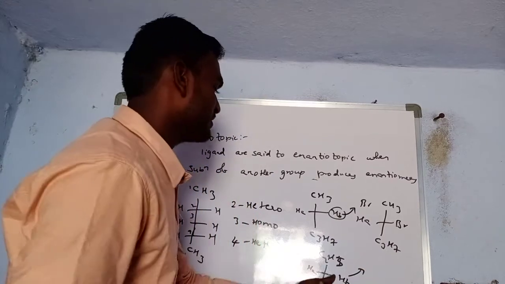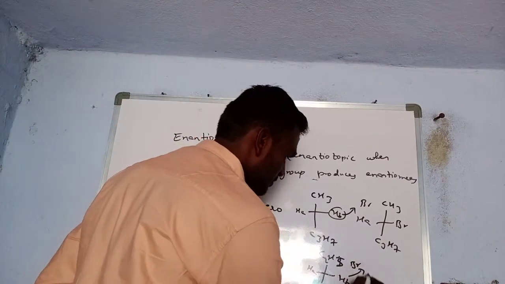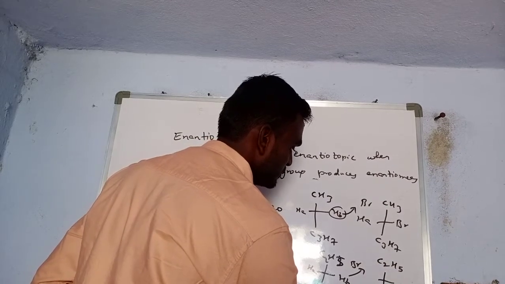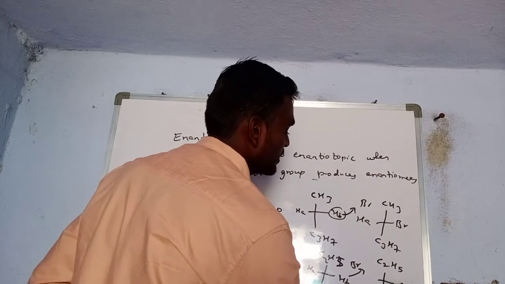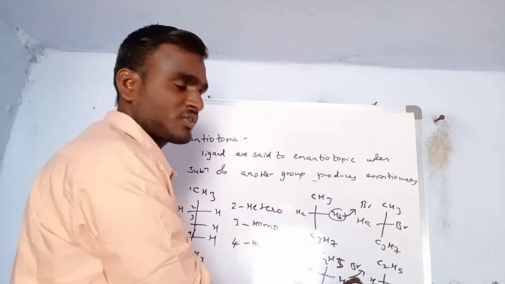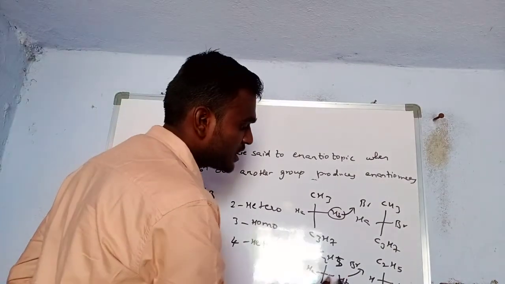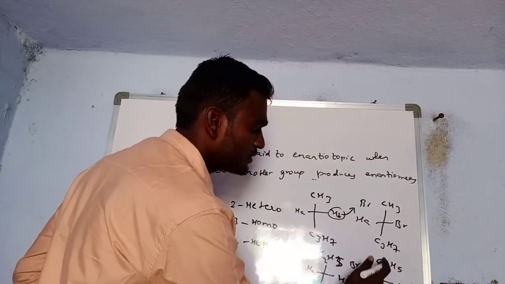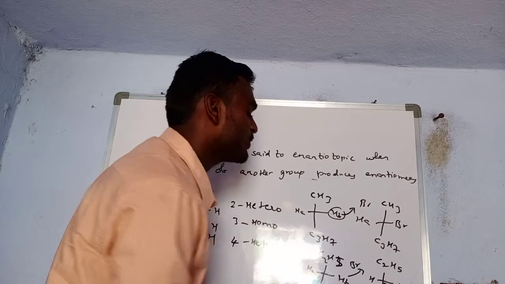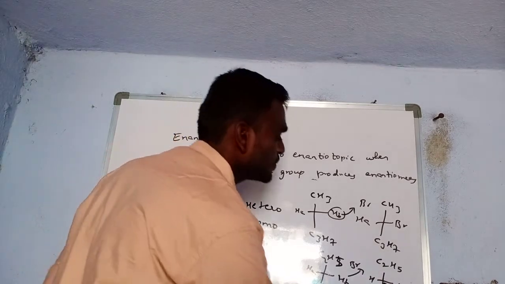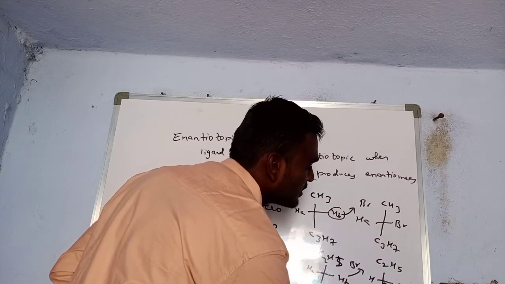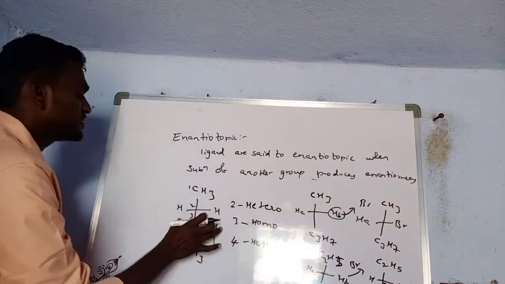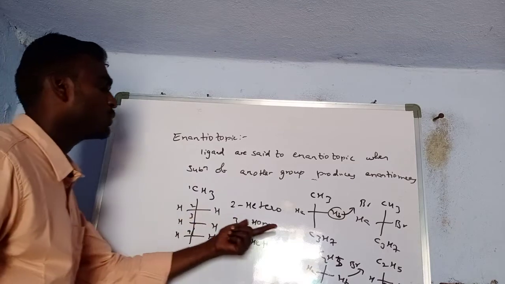If HB is replaced by bromine, with C2H5 and C2H5, it will not generate a chiral molecule. That means it won't generate a chiral center, so this is an achiral molecule. Whenever an achiral molecule is produced, these two protons are said to be homotopic in nature.